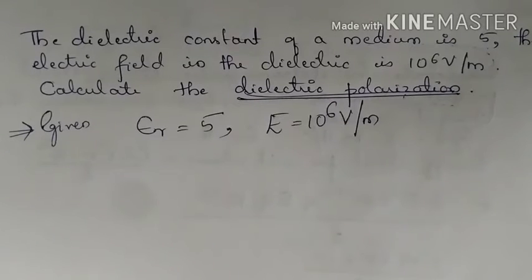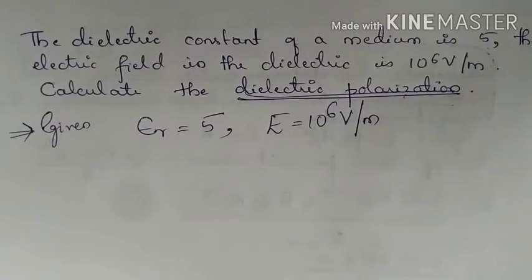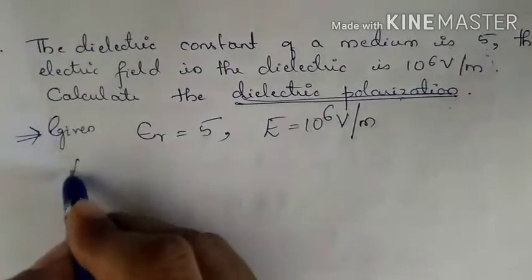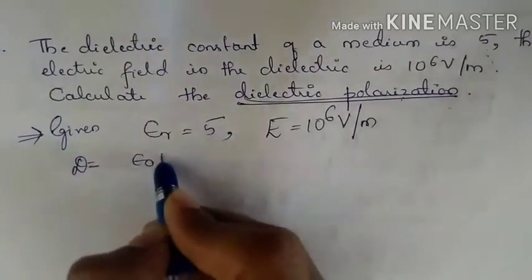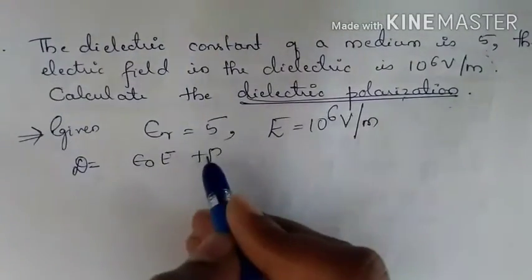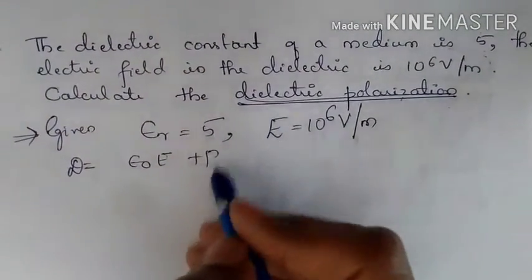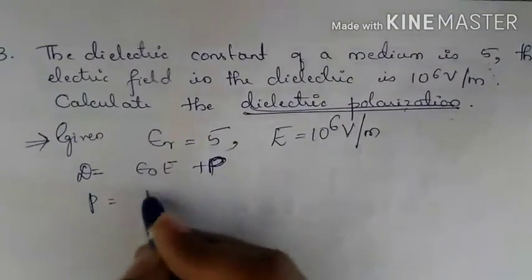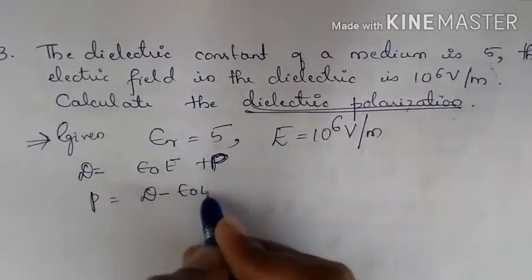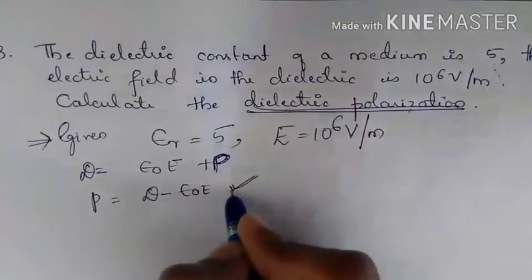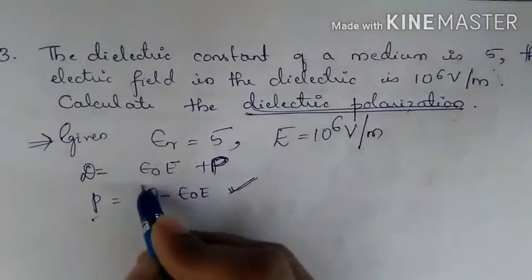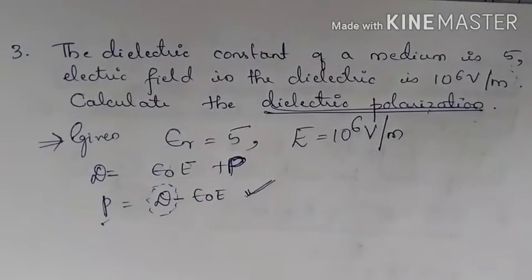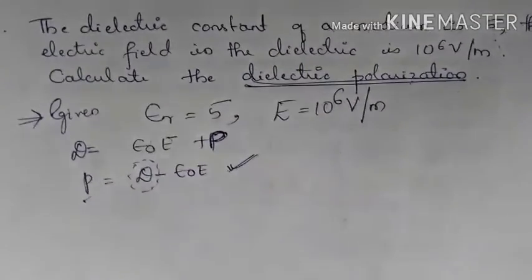We have found the relationship between P, D, E, where we got D is equals to epsilon naught E plus P. Now here we have to find this P. So P can be written as D minus epsilon naught E. To find P, we need D. What is D? D is electric displacement. So what is the expression for D?